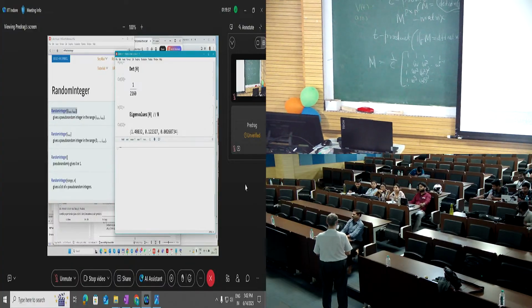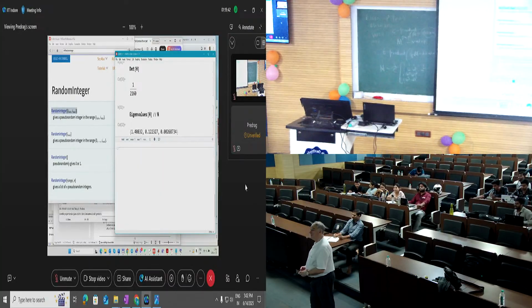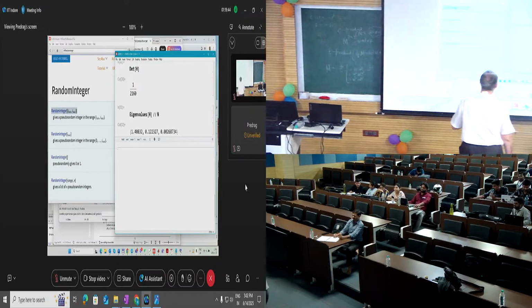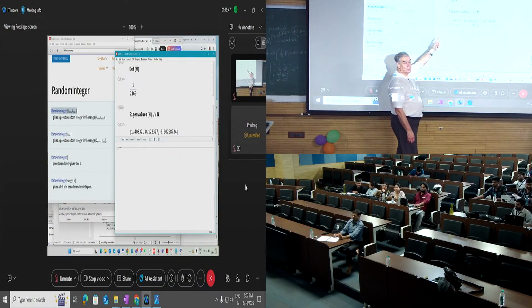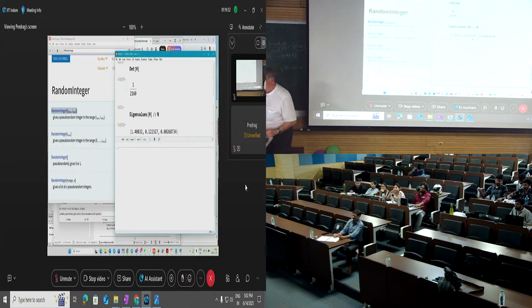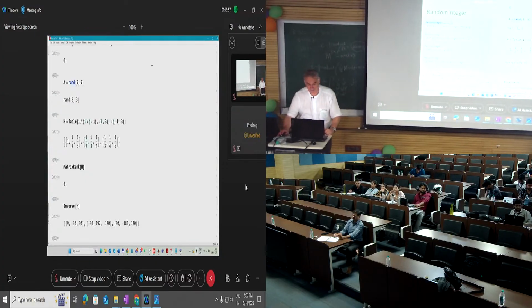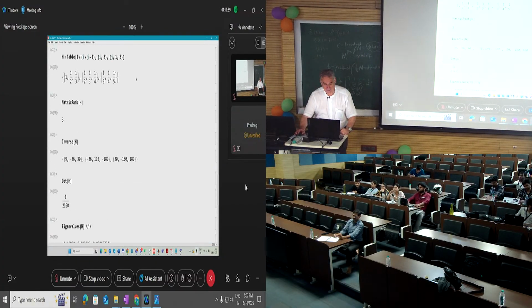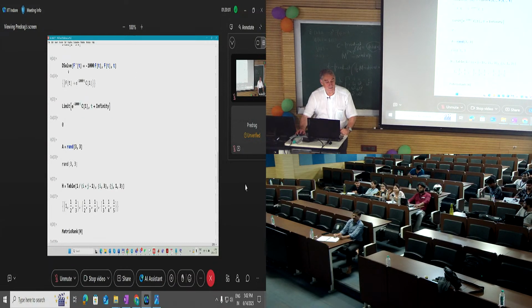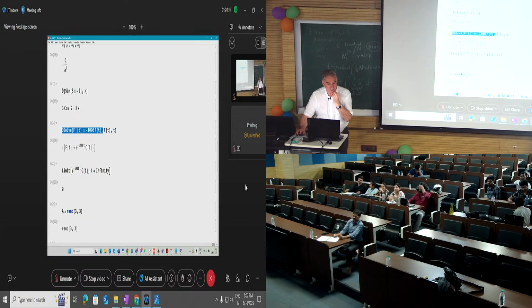Here we find the derivative of sine 2x minus 3. Which slide? Not determinant, derivative. Derivative of sine x. Yes.